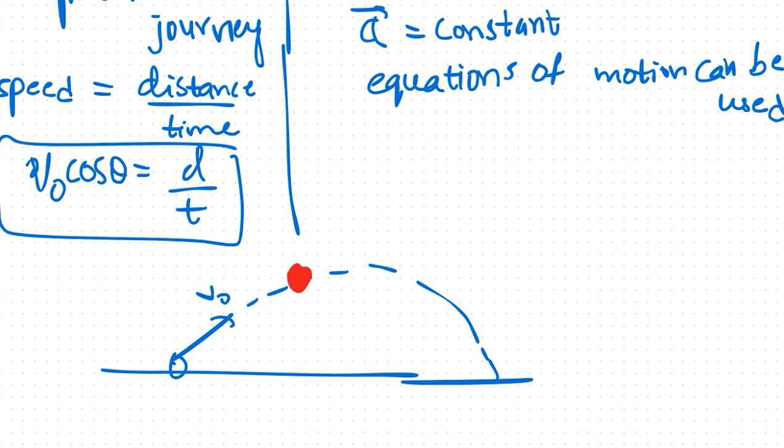At some random point, can you draw the velocity direction also? The direction of velocity at this point, the instantaneous velocity. How will it move at that point? What is the velocity?